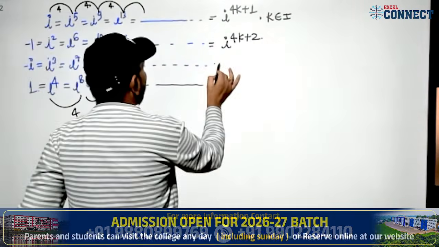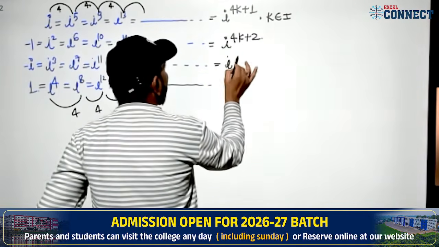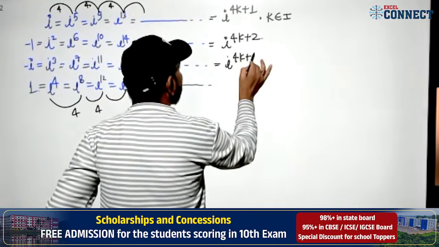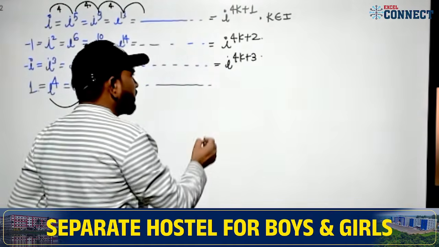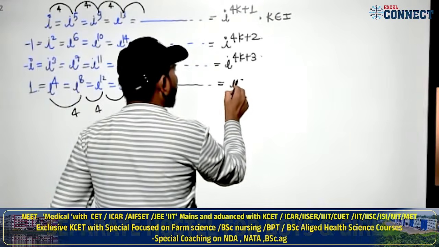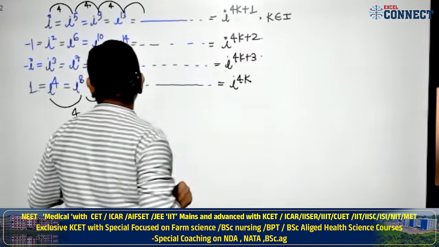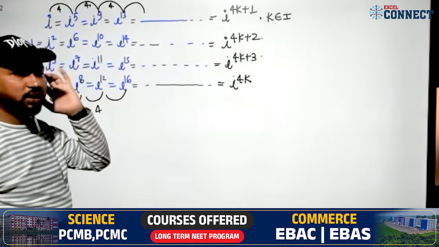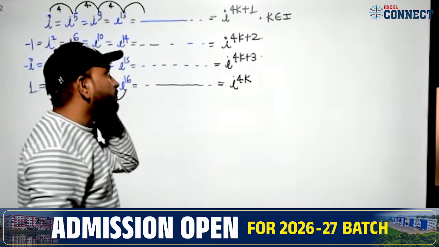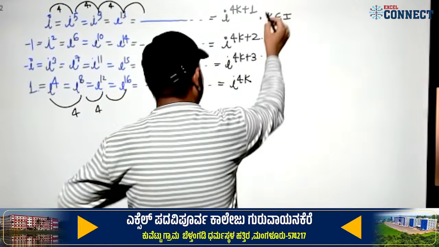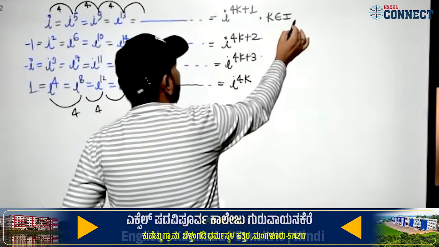And if I generalize, this form is i to the power 4k plus 3. And this is exactly i to the power 4k. See 4, 8, 12, 16 like this. So this value you know, and k is an integer. I am removing this from here. Later I will write.